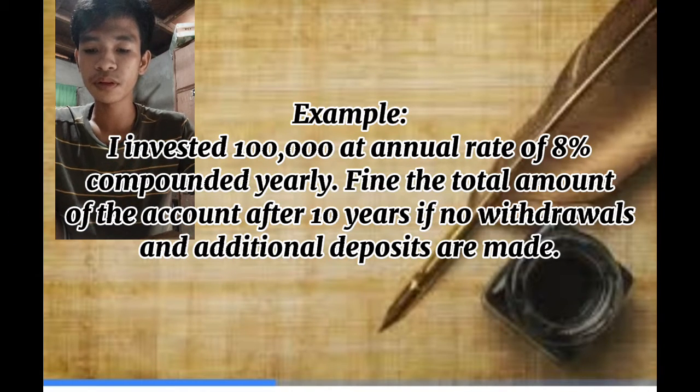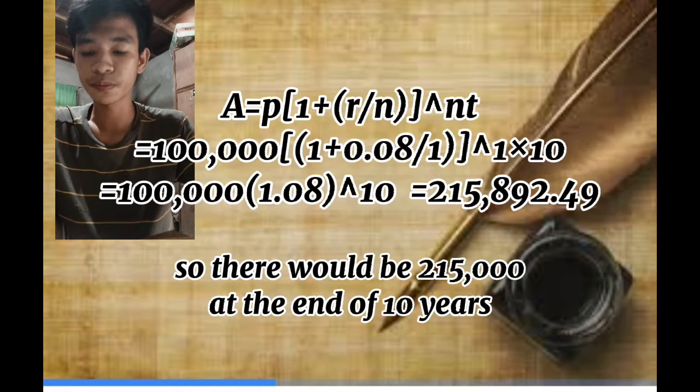So, for example, I invest 100,000 at an annual rate of 8% compounded yearly. Find the total amount of the account after 10 years if no withdrawals and additional deposits are made.